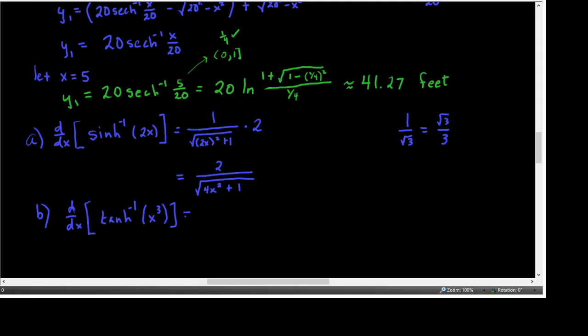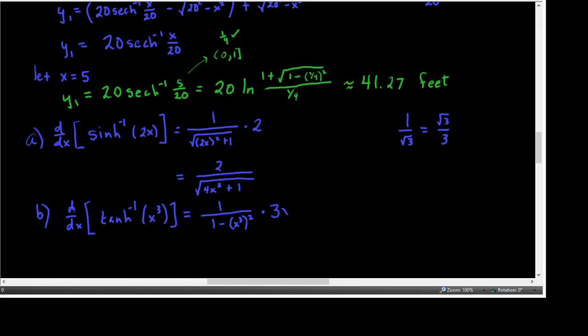So looking at that derivative rule, it's going to be 1 over 1 minus u squared times the derivative of the inside function.